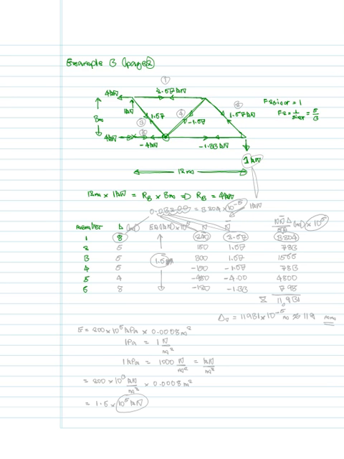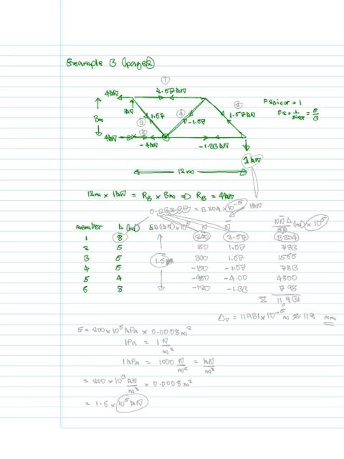The length of member 2, as we've said before, is going to be 5 meters. That's the hypotenuse of 3 and 4, so the square root of 3 squared plus 4 squared. The length of member 3 is also going to be 5 meters. The length of member 4 is also going to be 5 meters. The length of member 5 we can read off as being 4 meters, and the length of member 6 is going to be 8 meters.